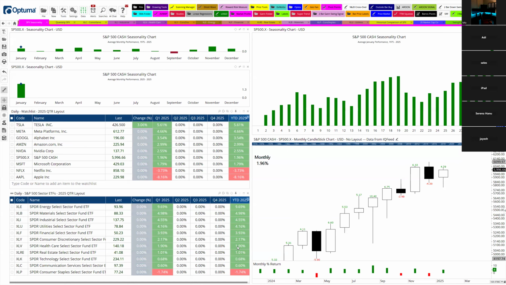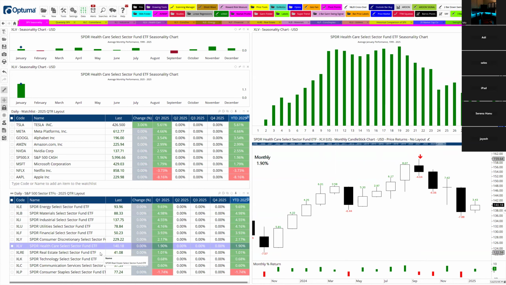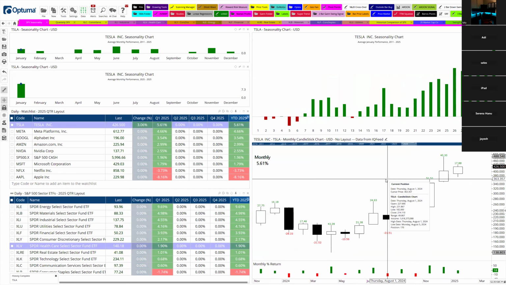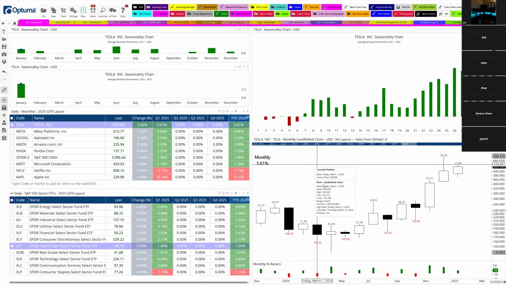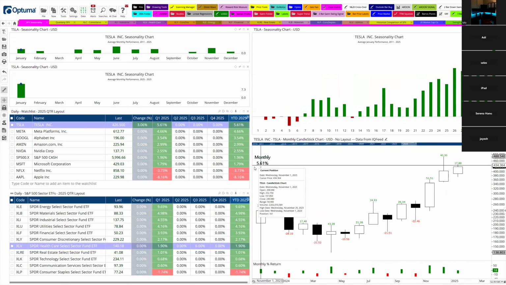I hope it gets better. I can take you one by one and change the seasonality for each. It just gives you an idea of how the month goes, and that's what I look for.